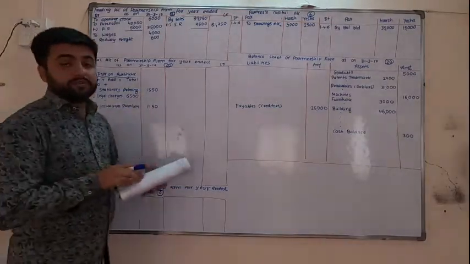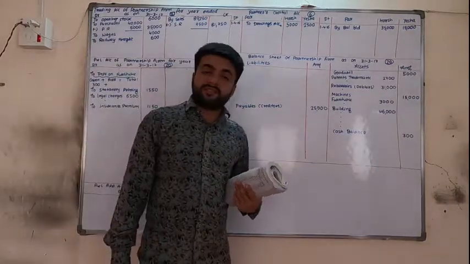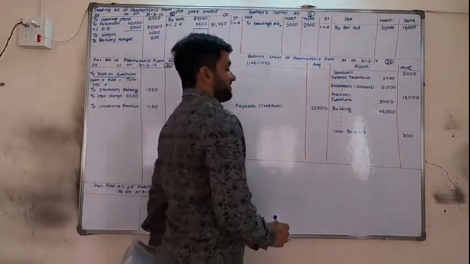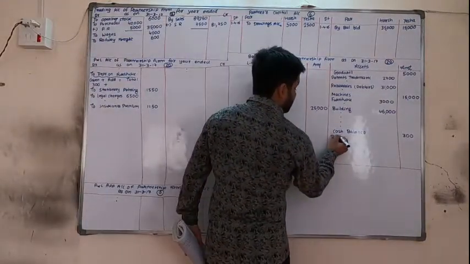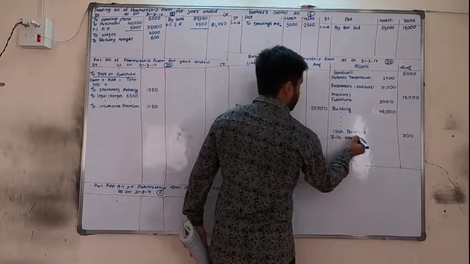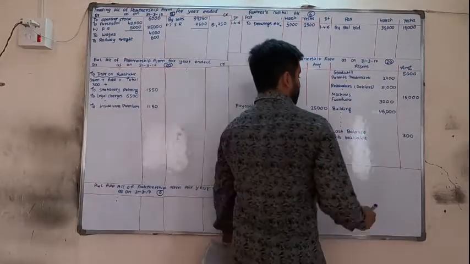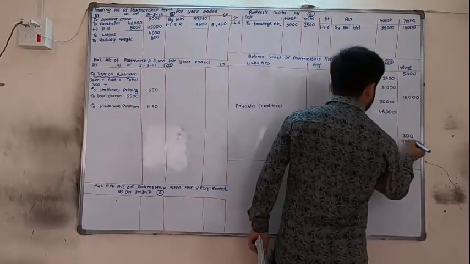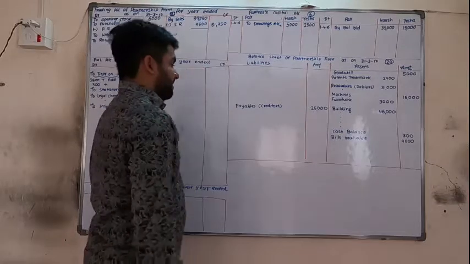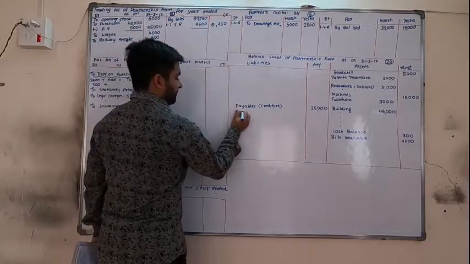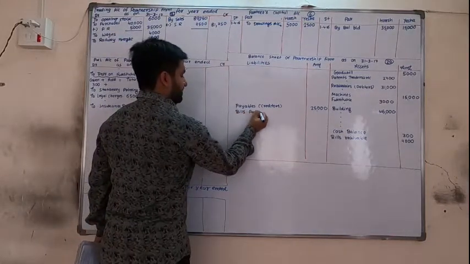Next we are having both the bills. So debit balance is bills receivable, credit balance is bills payable. So debit balance is on the asset side, bills receivable. In the outer column we are having 4,000. Now next on the liability side, bills payable.